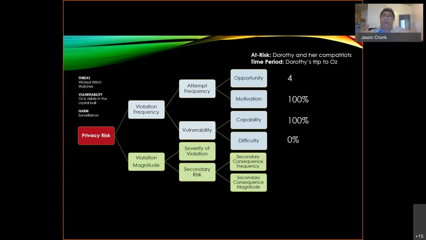She doesn't have any kind of impediments to prevent her or her compatriots from being seen. So 0% difficulty. So you end up multiplying these all through. So the violation frequency during Dorothy's trip is going to be 4. In other words, all 4 individuals are going to get surveilled during this trip.